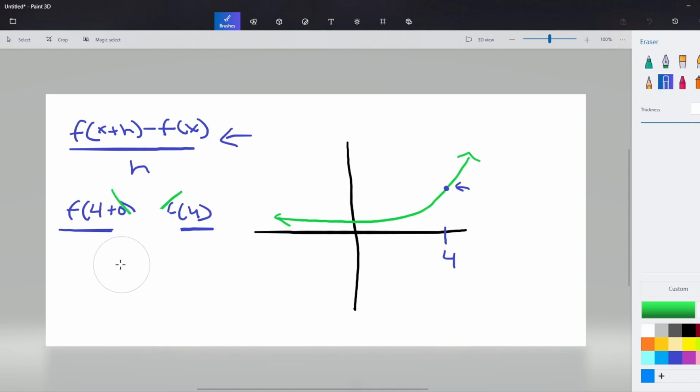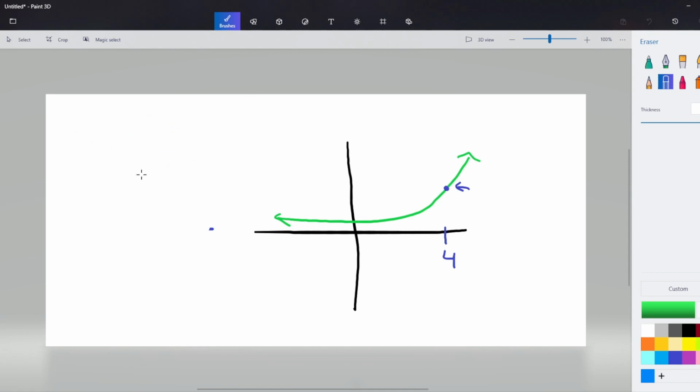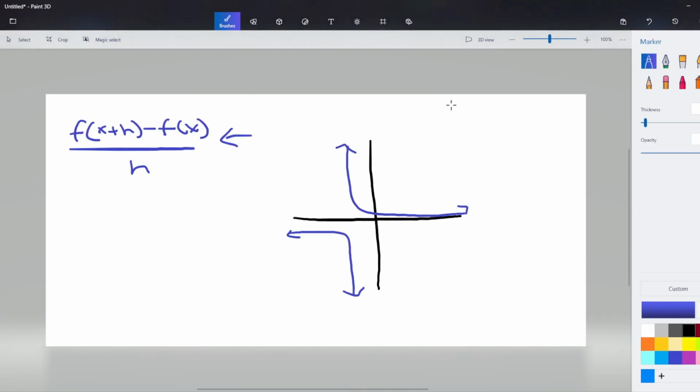So let's try this with a practice function. Now this function is going to be f of x equals 1 over x plus 2, right? What is the difference quotient for this function? Well, we can plug it into here, right? So on the top, if I were to plug x plus h into my equation, I'll get 1 over x plus h plus 2 minus f of x.